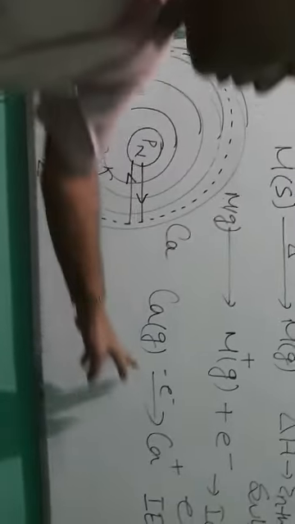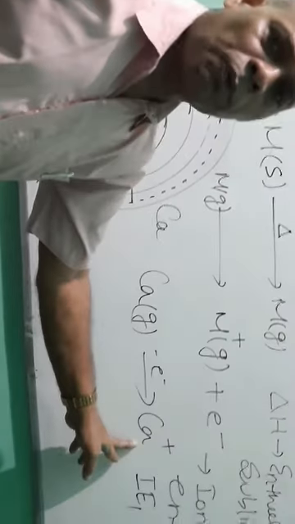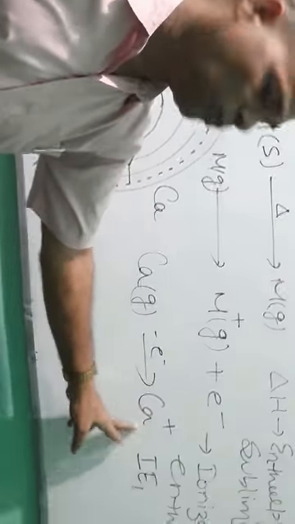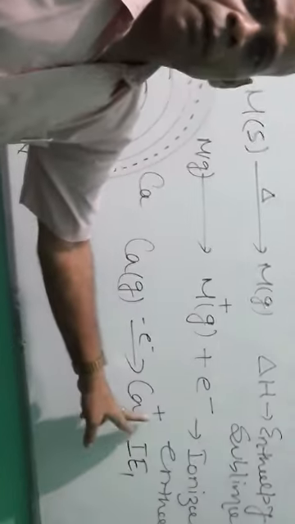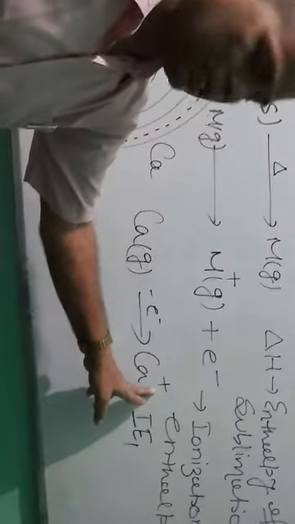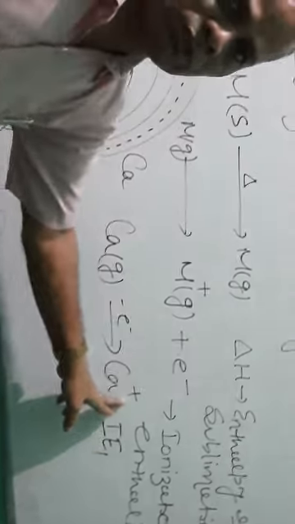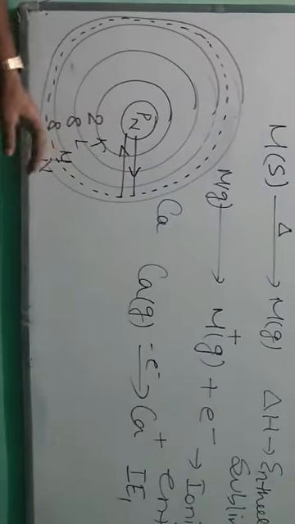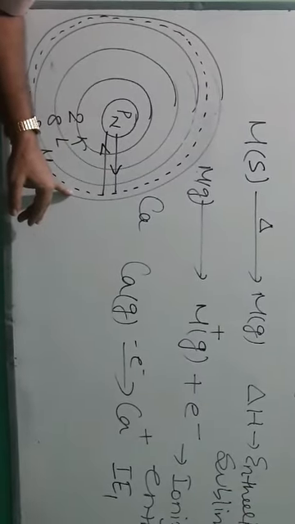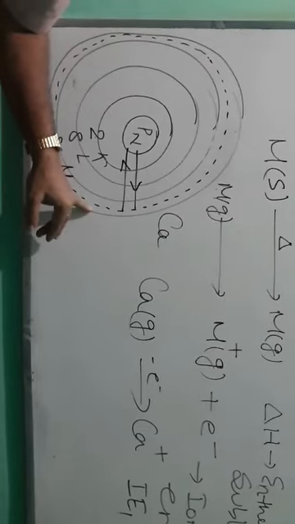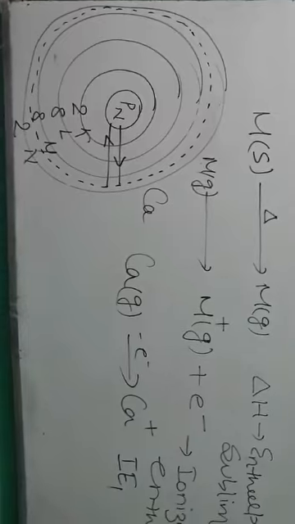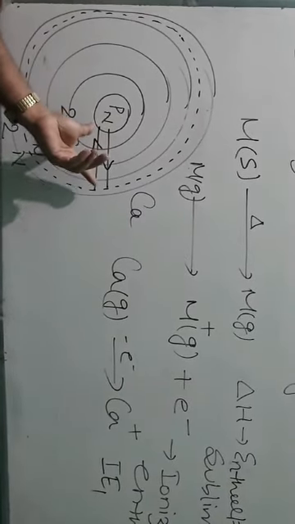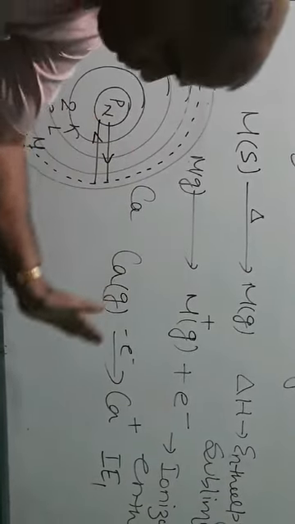Here one of the electrons from the calcium has been removed and it has converted into calcium ion having 1 unit of positive charge. After the removal of one electron, there is a contraction in size, and the size is smaller compared to the first case.